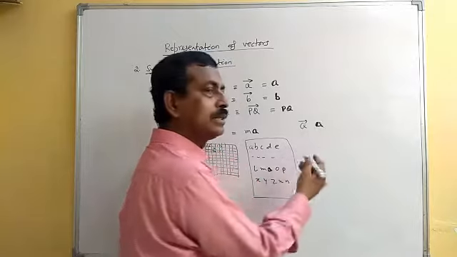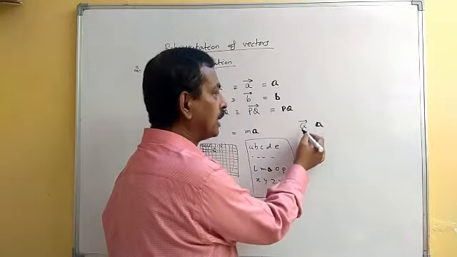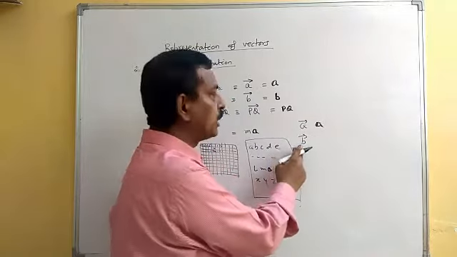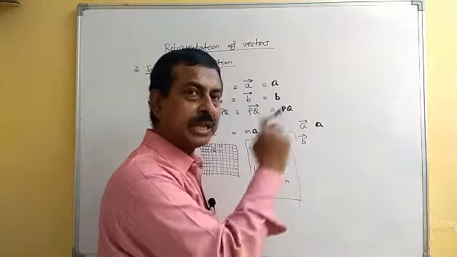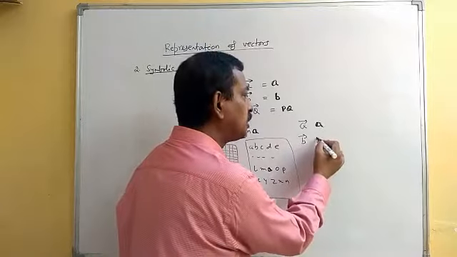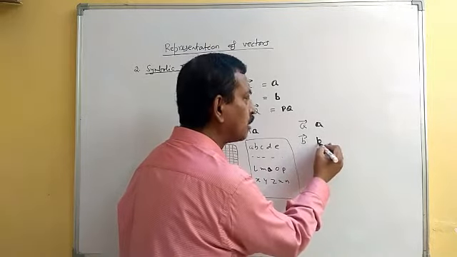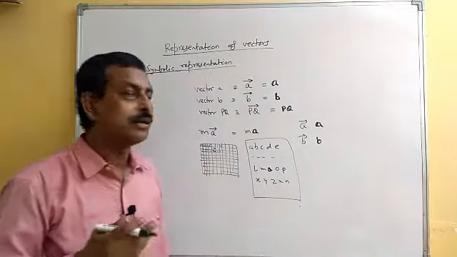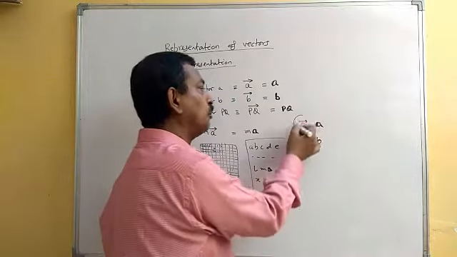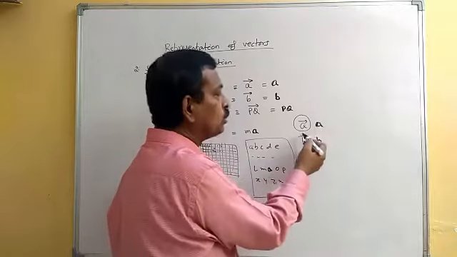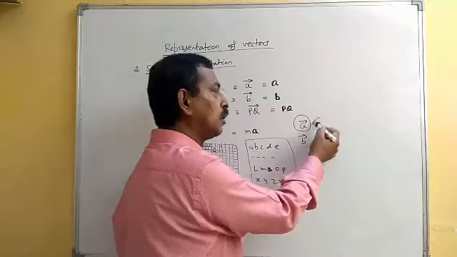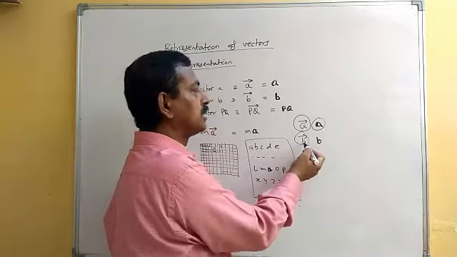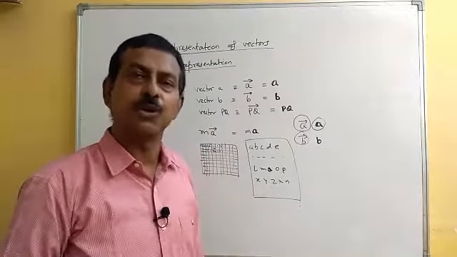If I have to write vector B, it is more convenient to write symbol B with an arrow over it instead of making it bold or dark. So that is the reason why in printing they now use this symbol, not the one used earlier.